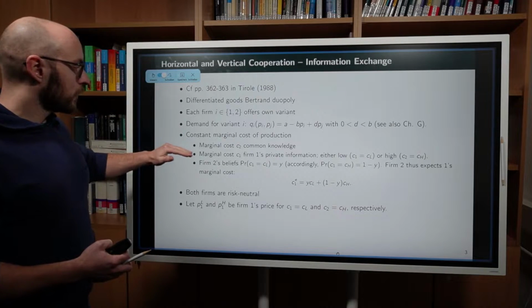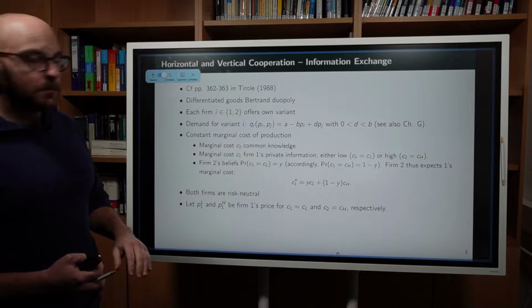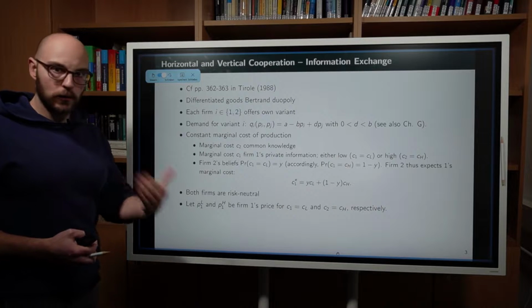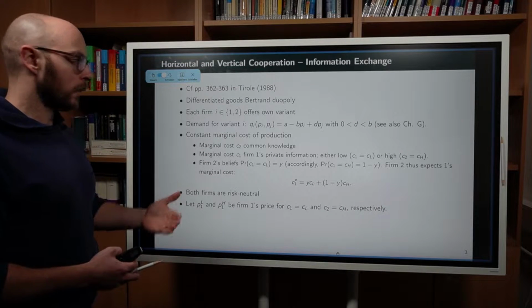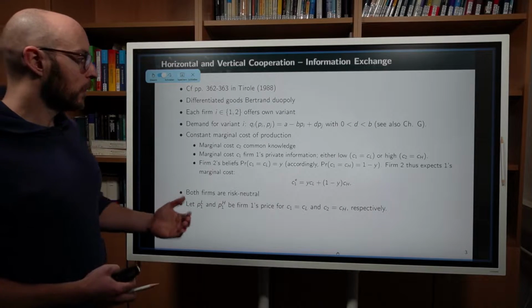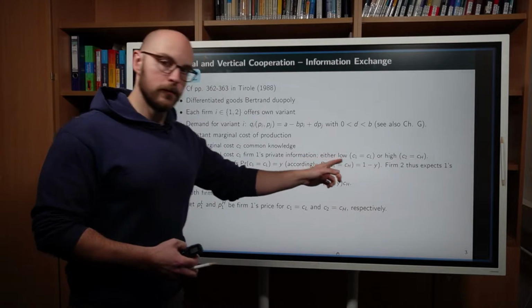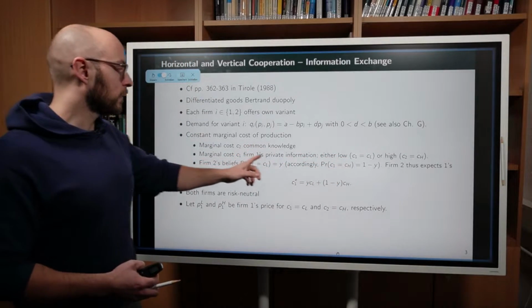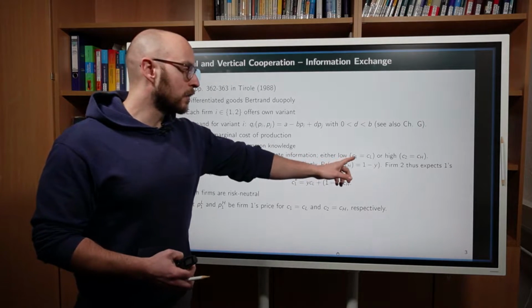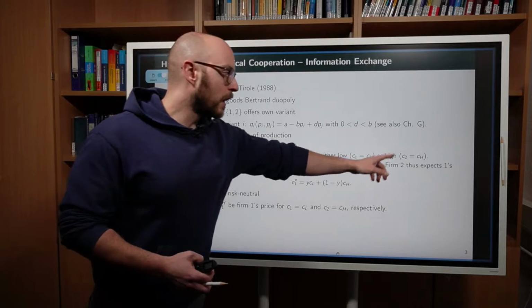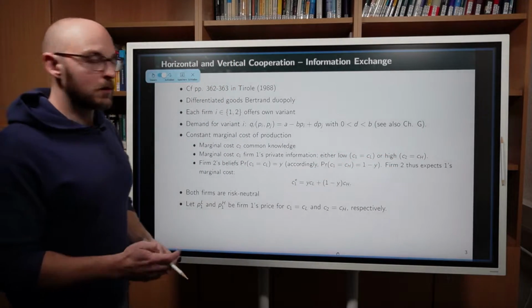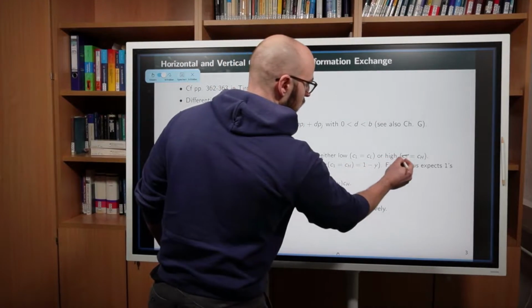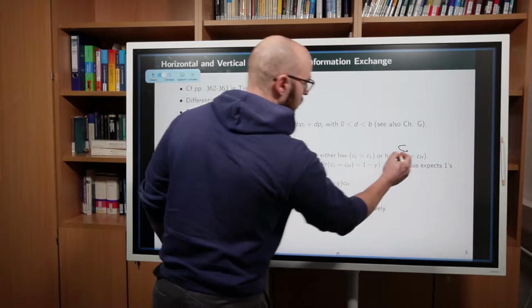And the marginal costs of firm 1 are private information. That means firm 1 knows its own cost, but firm 2 does not. Firm 2 only knows that it could be either high or low. When firm 1's marginal costs are low, then we have C1 equals CL. When they are high, we have C1 equals CH. Sorry, there's a mistake here. That should be C1.